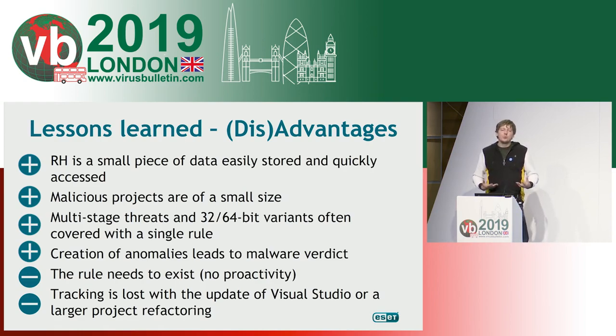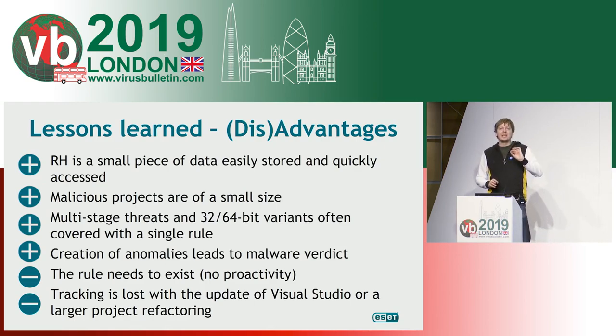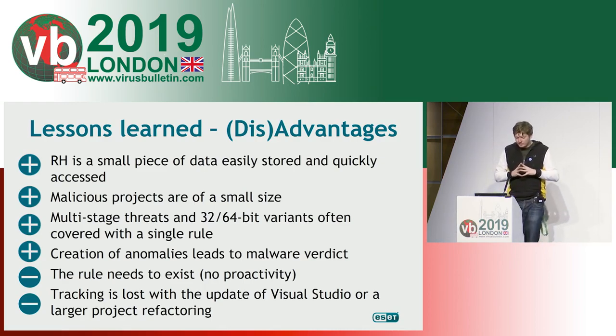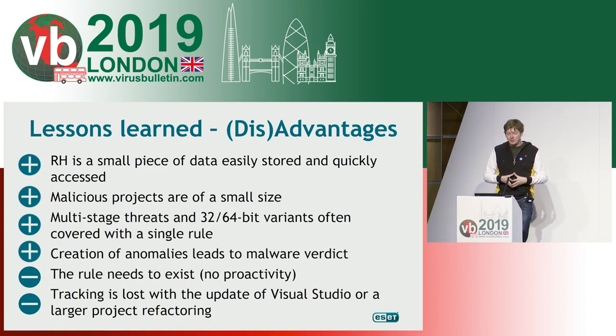And when we wanted to write a rule, we always wanted to cover multi-stage attacks, so to cover with one single rule the dropper as well as the payload, or the 32-bit variant as well as the 64-bit variant. And this was possible.